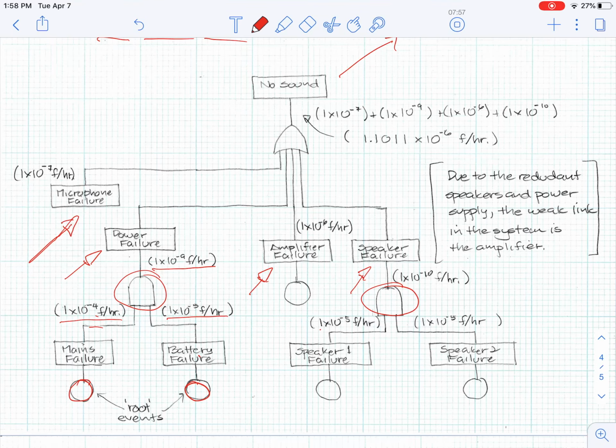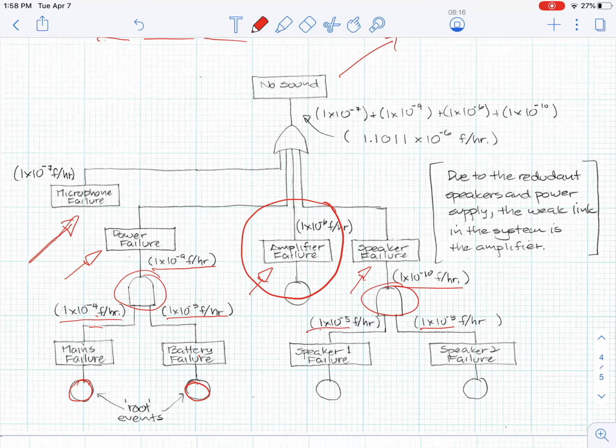That says I'm going to multiply these 2 failure rates, and I get 1 × 10⁻¹⁰ failures per hour.